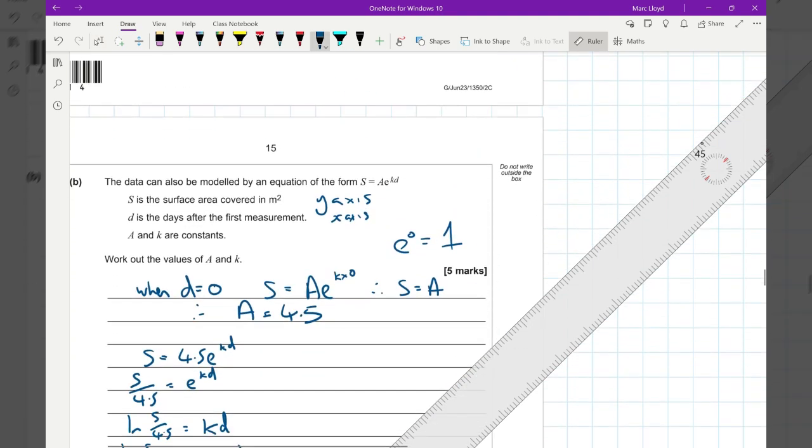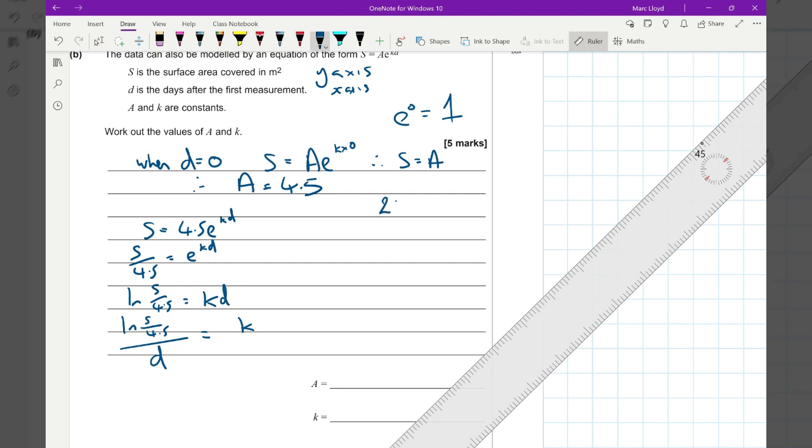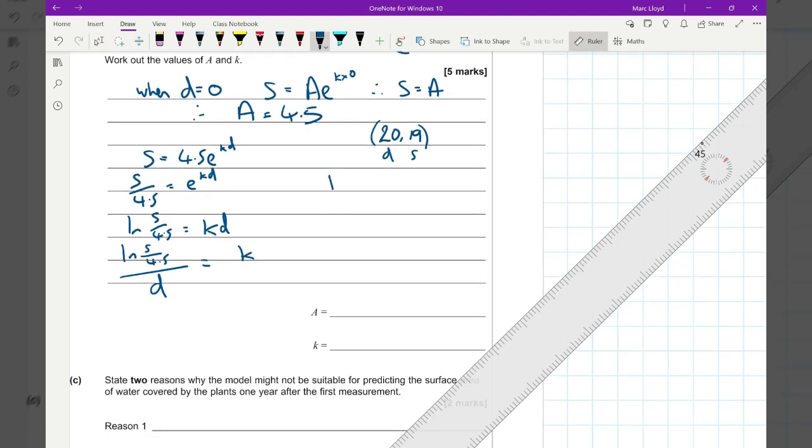So 20, 19 will be the one that I use, with the x-axis being the days. So D will equal 20, and the y-axis is S, so S will equal 19. So we've got the natural log of 19 over 4.5, all divided by 20, and that's going to give us our value of K. I'll put my A value in there.